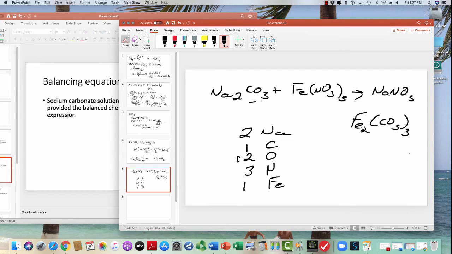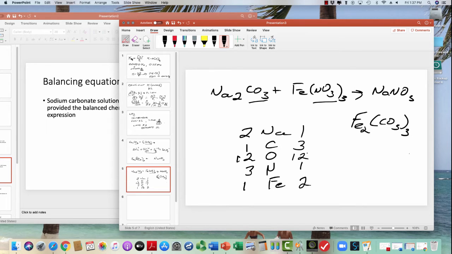Now remember, these guys really don't break apart, so they can actually be a unit. So we could say CO3 and NO3. On the right-hand side, we have 1 sodium, 1 nitrogen, 2 irons, 3 carbons, and 9, plus another 3, that's 12 oxygens.